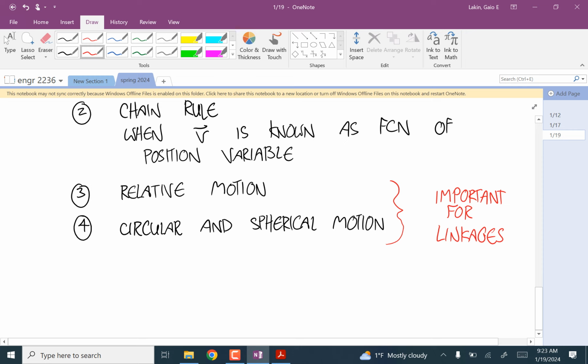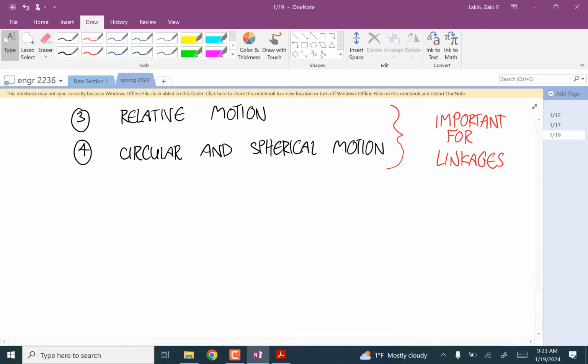You have multiple bodies connected by joints that are moving because you're applying forces to this one or this one, and calculating the accelerations and the contact forces between the bodies as these motions happen. Okay, so we're going to spend a bit of time on linkages. It's useful for robotics and it's useful for biomechanics. And then any kind of machine it's useful for.